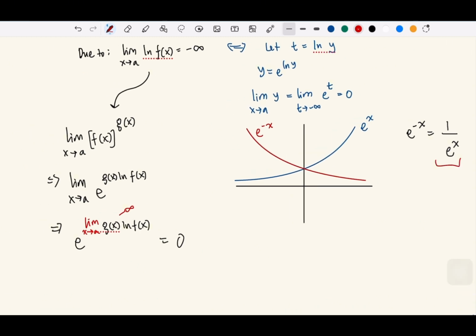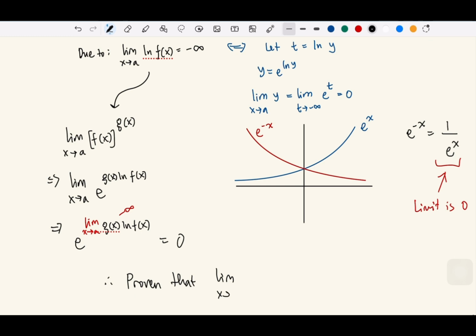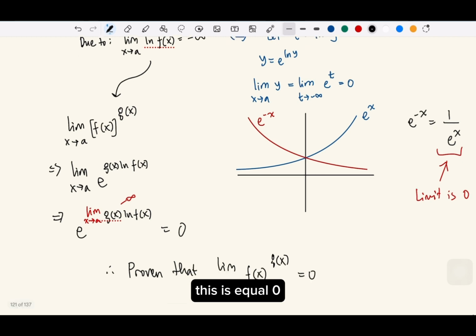So at the end of the day it's proven that this limit for f of x to the g of x is equal to 0.